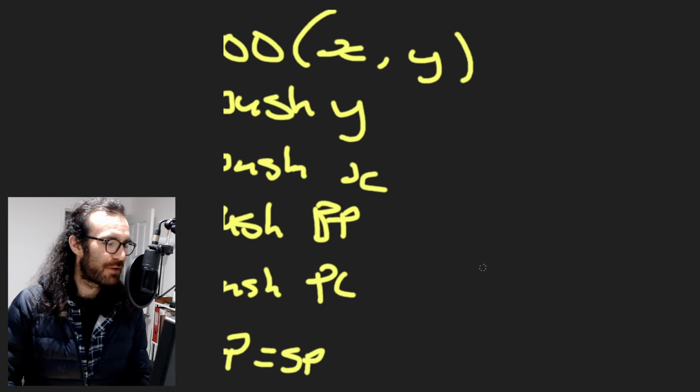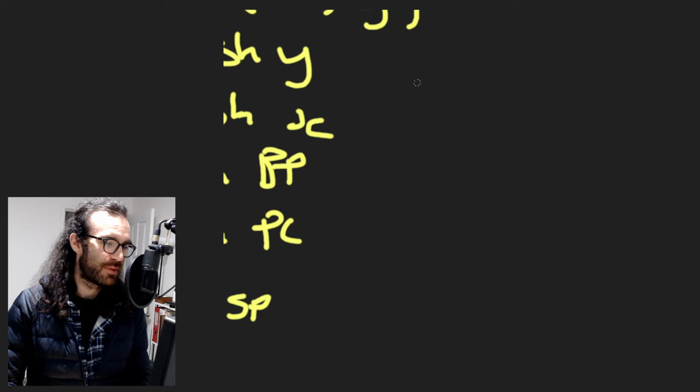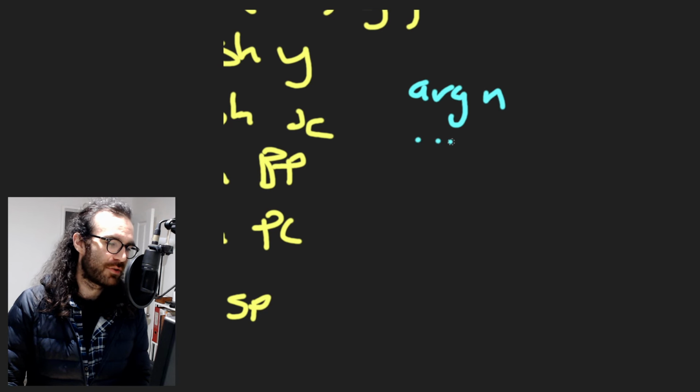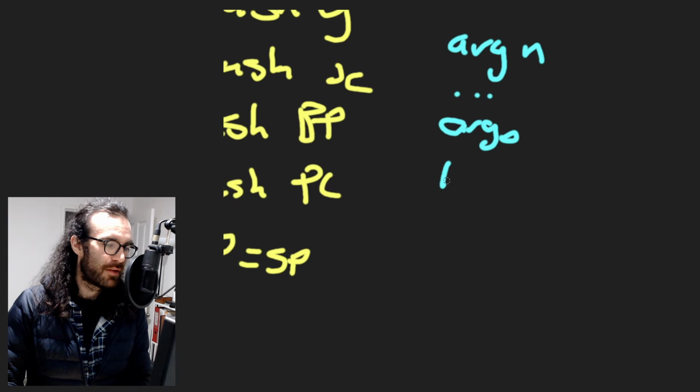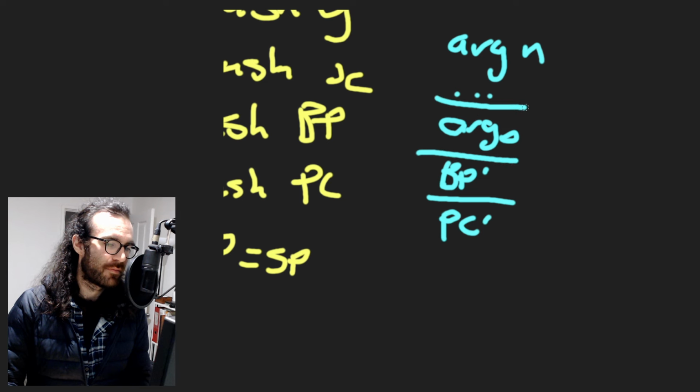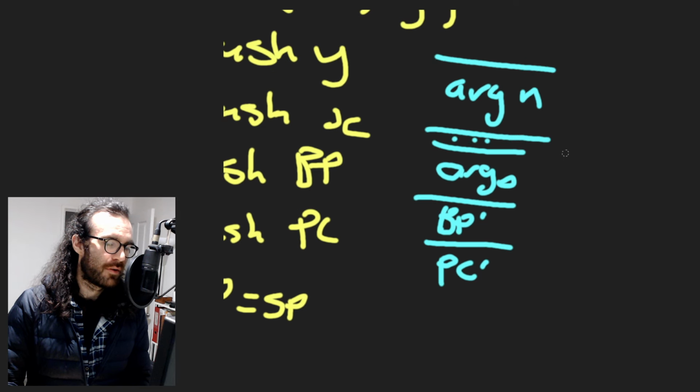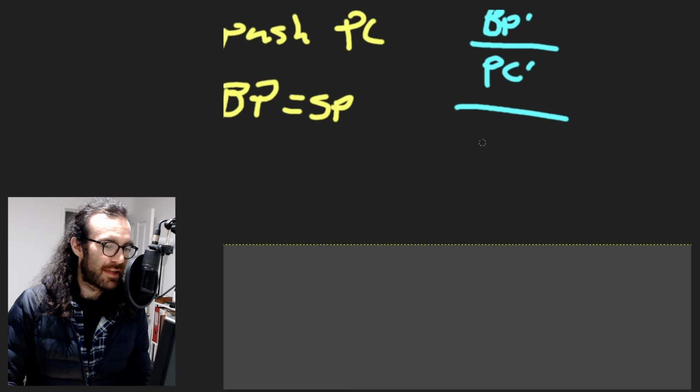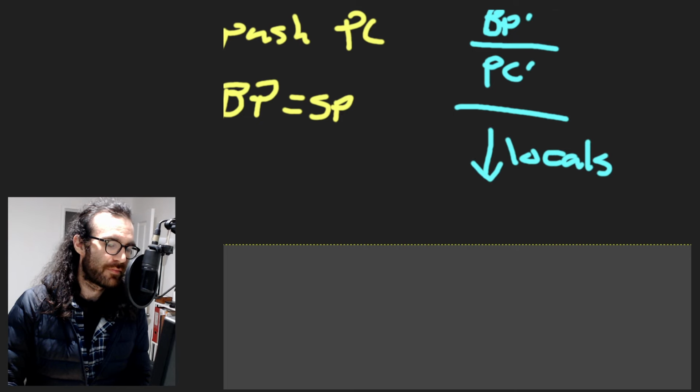So in other words, our frame looks like this. So we have arg n, arg 0, the old BP, the old PC, and then locals. Okay.